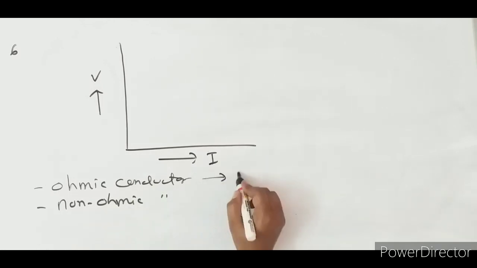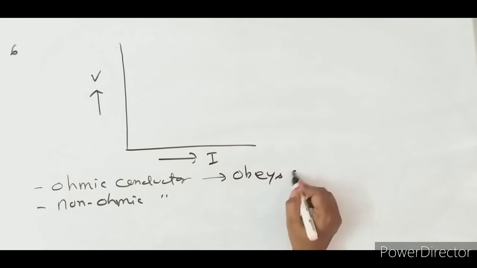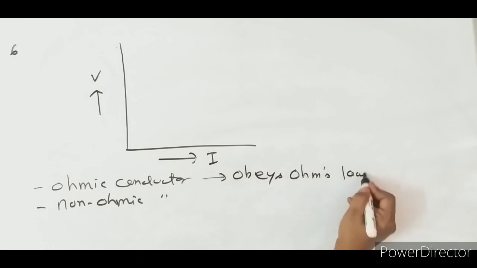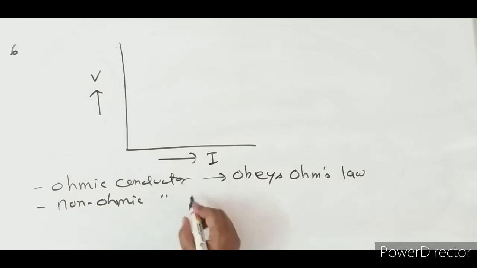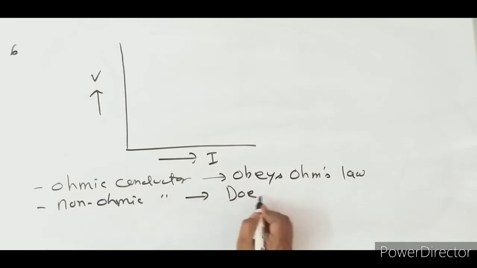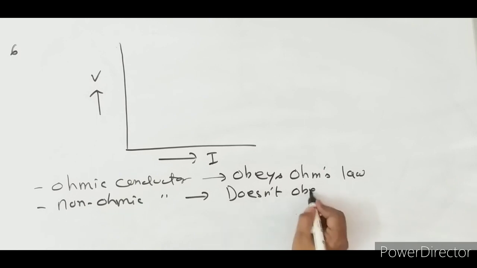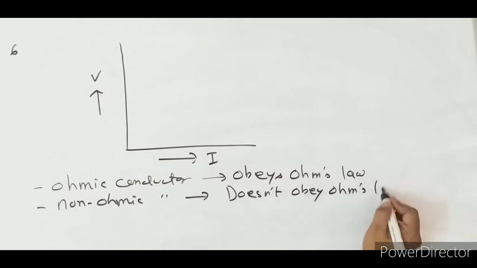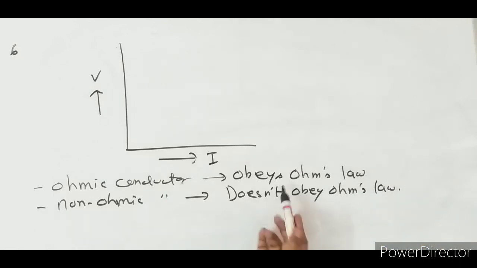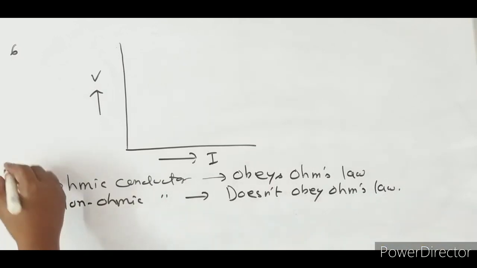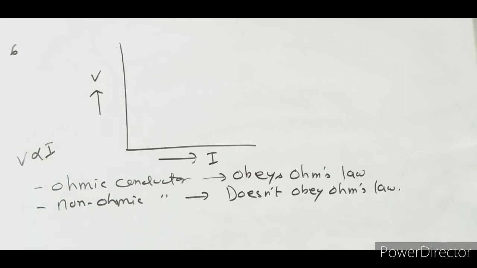What is an ohmic conductor? It obeys Ohm's law. And a non-ohmic conductor does not obey Ohm's law. Understood? Obeying means that V is directly proportional to I. This is Ohm's law. If some conductor obeys this, then only it will be an ohmic conductor. If it does not obey, then it will be a non-ohmic conductor.